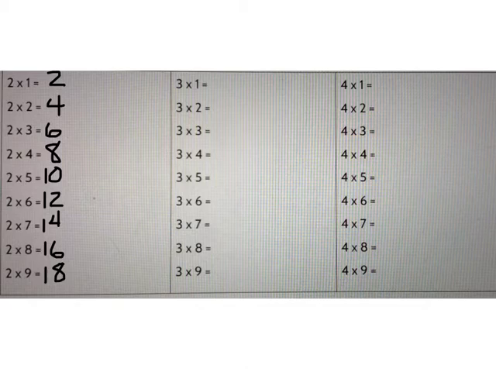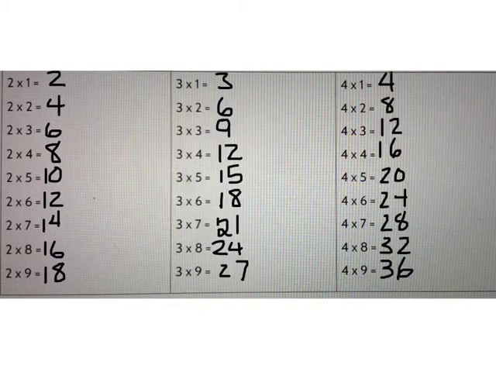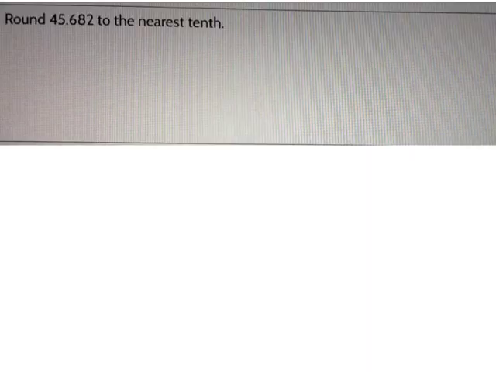Write your answers on your paper, and then fill them into PlayPosit. Check and see how you did. Now let's do our 4s. Write your answers on your paper, then put the answers into PlayPosit. Check and see how you did. Great job on our warm-up.